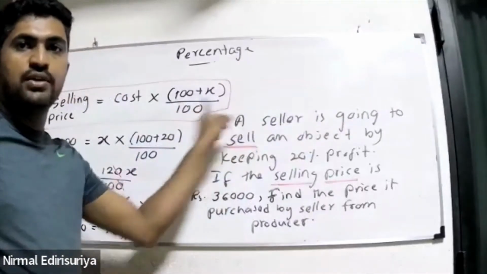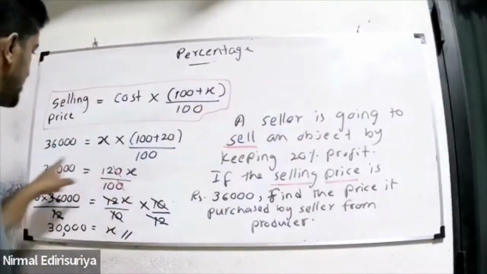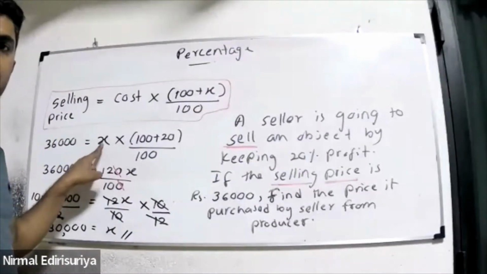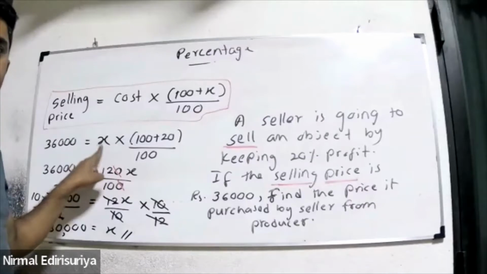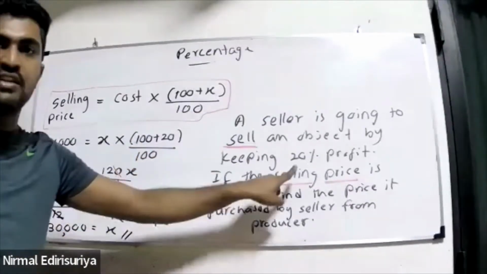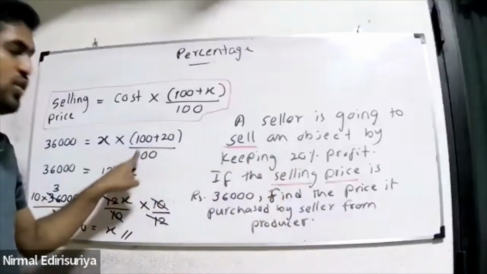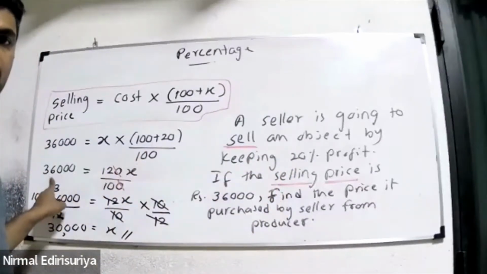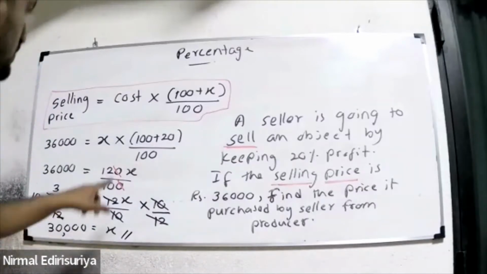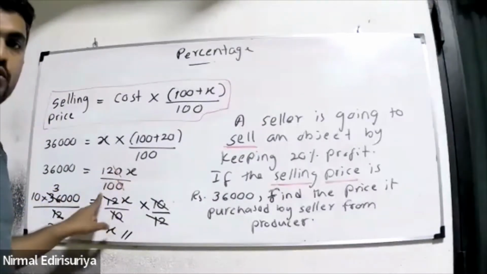Because with profit you are going to sell it for more than the purchasing price. So 120. So I substitute data. Selling price is 36,000 equals cost is x, I don't know. 100 plus percentage of profit, they gave as 20, so 20 over 100. Then you can have 36,000 equals 120x over 100.